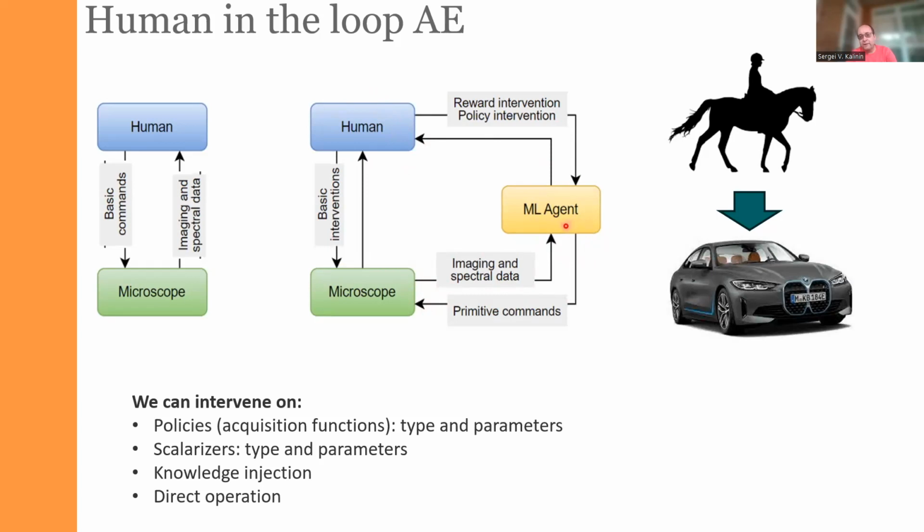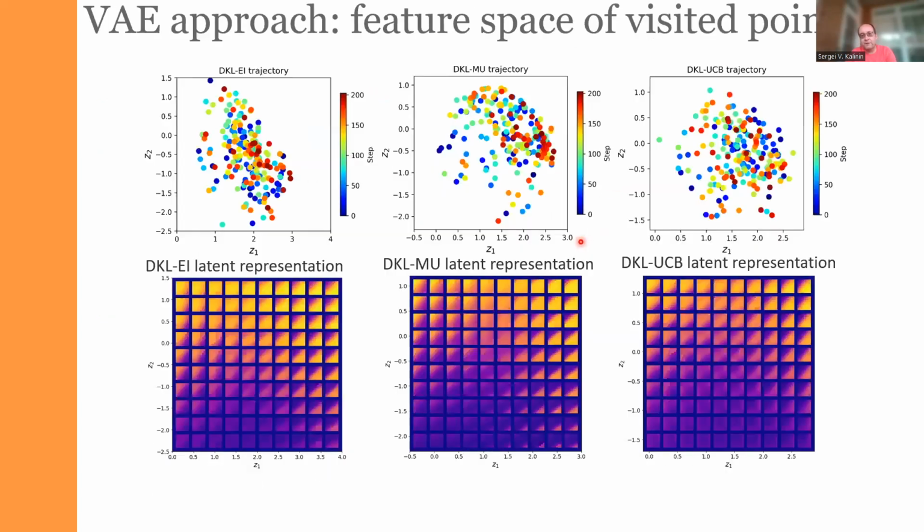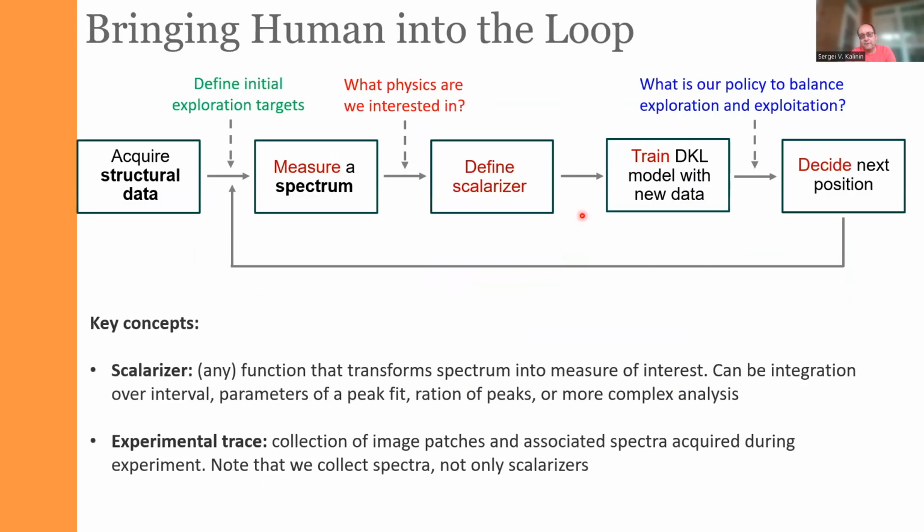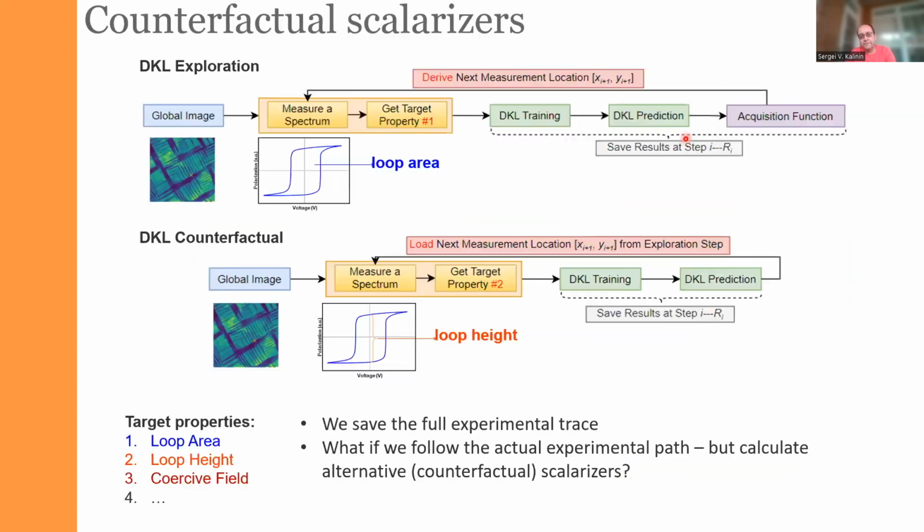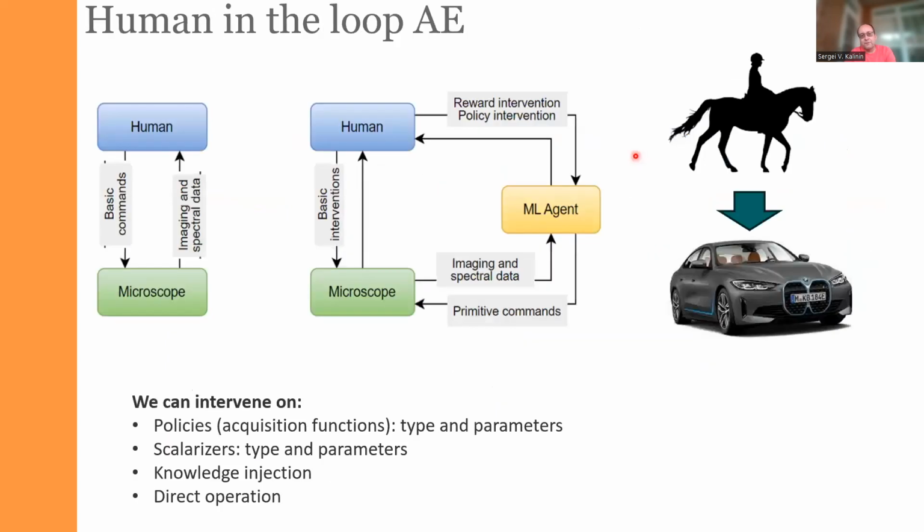The way that we can affect the machine learning agent is by these interventions: defining targets, defining the physics, defining the policies. In principle, the human can issue direct commands to the microscope, but only if absolutely necessary.